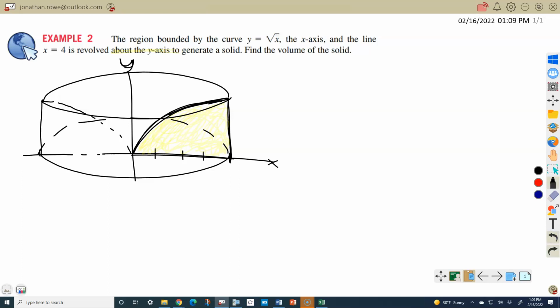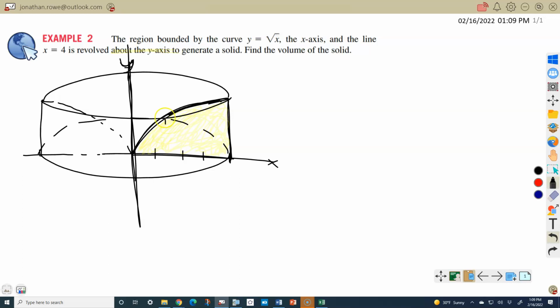All right. One key to doing this, and I really want to harp on this, is that whatever axis you're revolving it around, in this case it's the y-axis, it could be the x-axis, it could be the line y equals 2, it could be the line x equals -5, anything like that. But the cylinder needs to be drawn parallel to that axis.